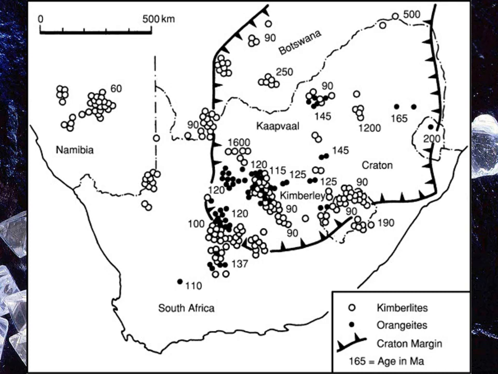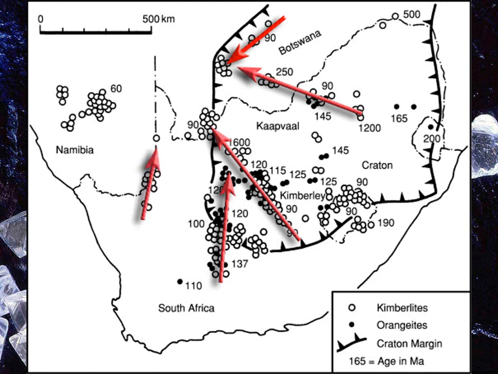This one was selected for its simplicity, merely a black and white image where patterns are obvious. This shows an obvious radial distribution of the kimberlites in South Africa.